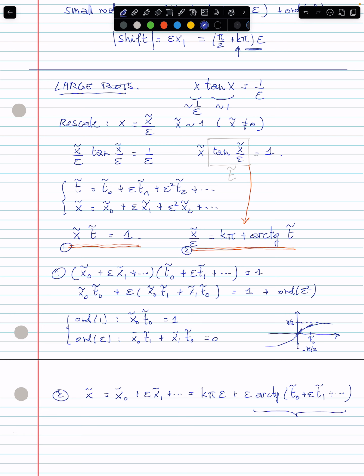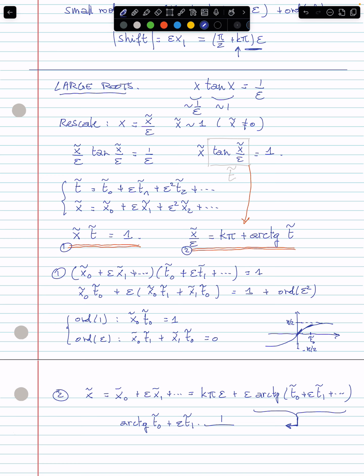So your arctangent of t0 plus epsilon t1 tilde, we can use for this Taylor series approximation, and this will provide the arctangent of t0 tilde plus epsilon t1 tilde multiplied by the first derivative of the arctangent evaluated at t0 tilde.